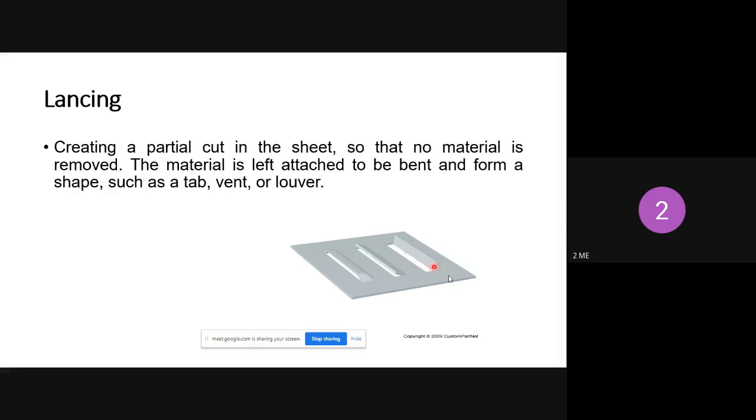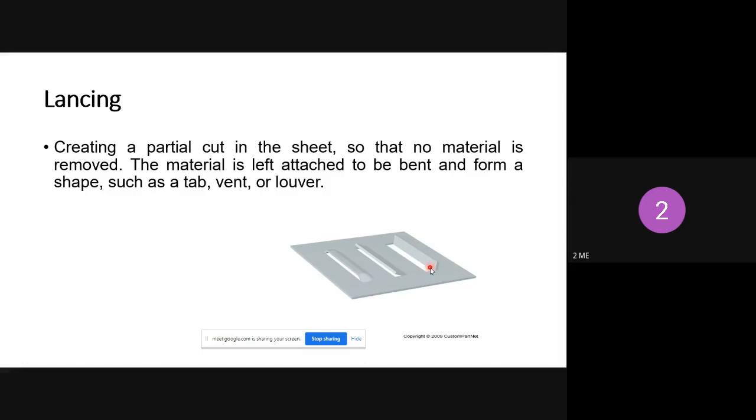Here there is no removing part. Initially the sheet metal is placed in a die, then pressure is applied with the help of a punch or some other device to create a different shape in the sheet metal. The removed part is not cut from the sheet metal; we can't separate that part.